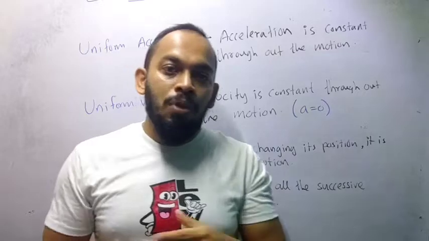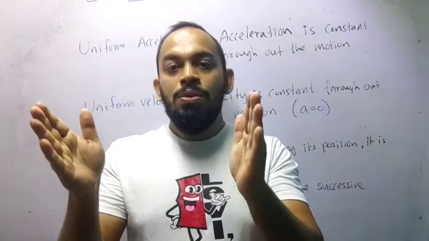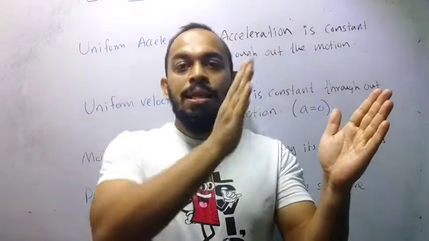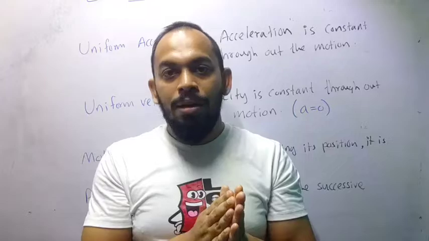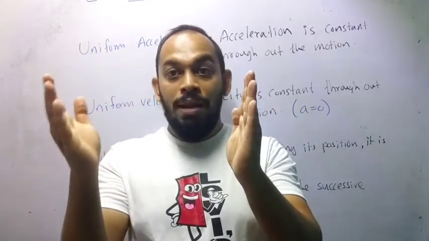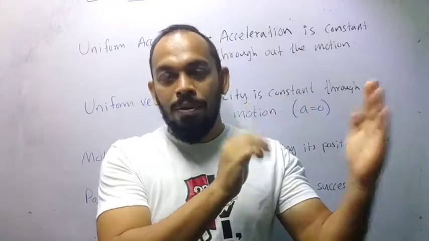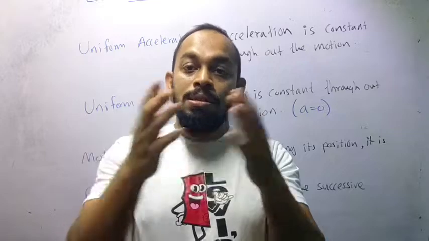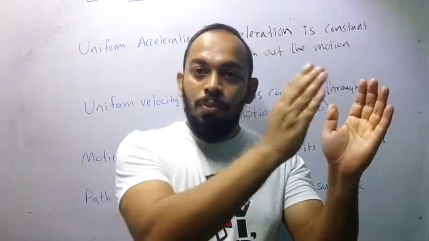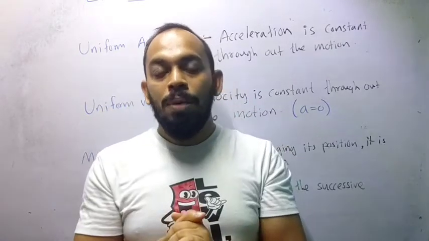Sometimes we get problems where the acceleration from A to B is one acceleration, let's say F, then from B to C, the acceleration is 2F, right? So in that case, from A to B, the acceleration is constant, that F. From B to C, acceleration is constant, that is 2F. So when the acceleration changes, you have to consider the motion piece by piece, where the uniform acceleration occurs.